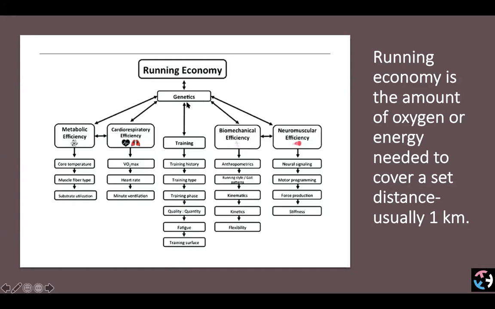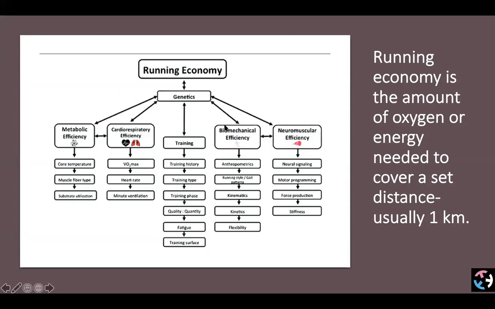They're usually very light, they have long levers compared to their upper body, and their calf distal area is pretty small, so it allows them to be more economical. So if you have generally larger calves, that can have an impact on your run economy. Also, if you're potentially a little bit heavier, that can also have a little bit of an impact.